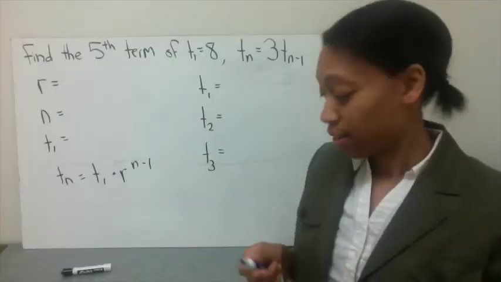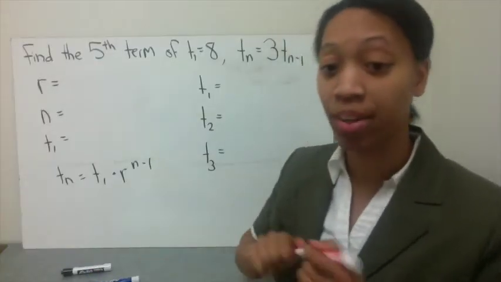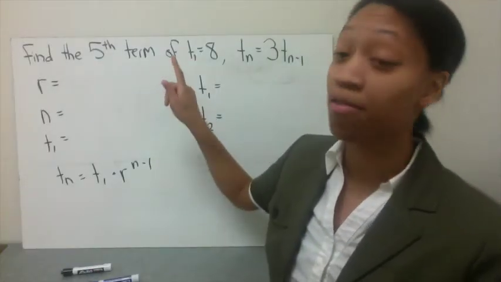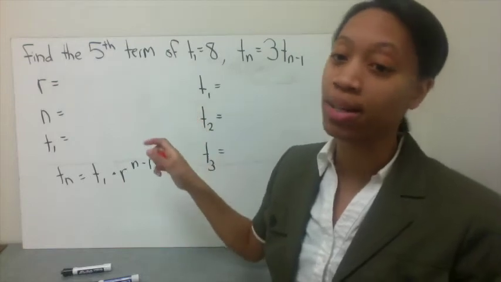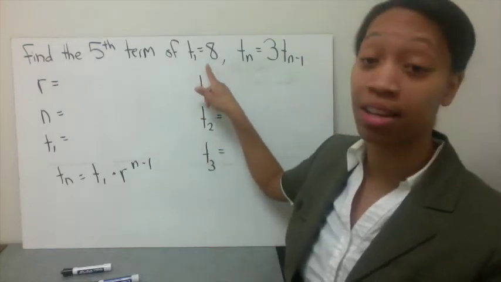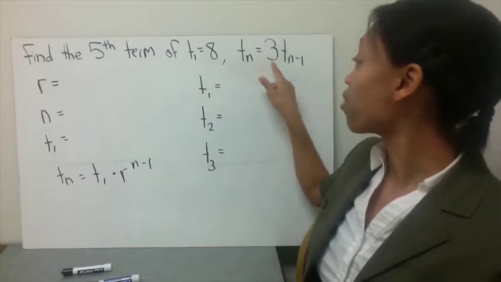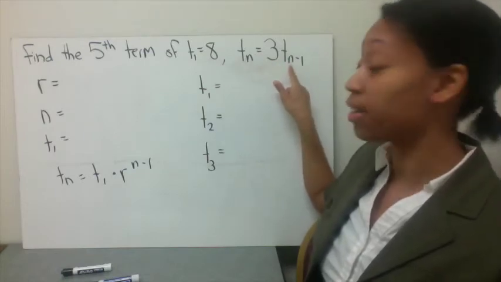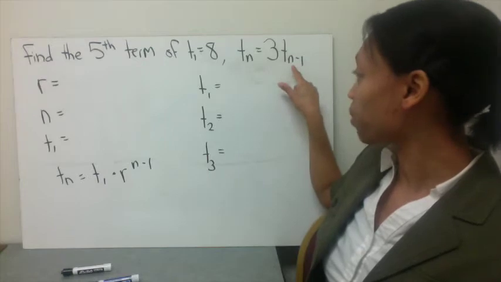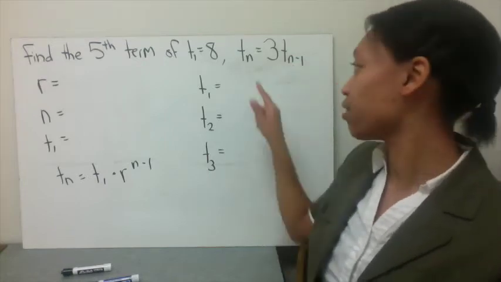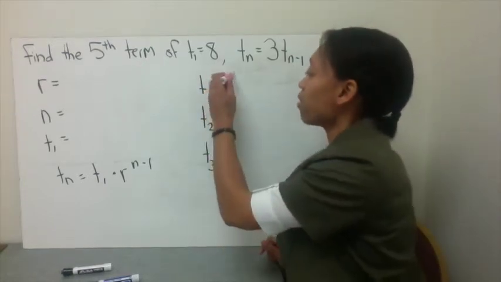Okay, let's see if we can find the fifth term of the sequence if we know that the first term is 8 and that the sequence follows this pattern, T of n equals 3 times T of n minus 1. So what that tells us is that the first term of the sequence is 8.